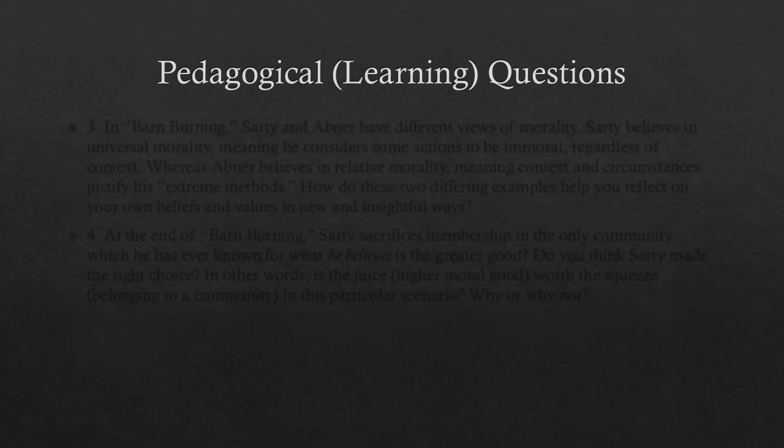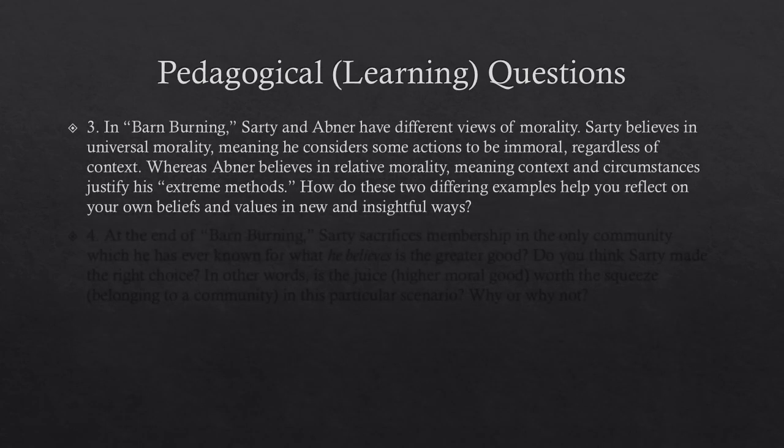So the third one has to do with the two views of morality. Again, universal morality, something is wrong no matter what. Barn burning is wrong regardless of the context. And then relative morality, we can see why Abner is doing what he's doing and Sarty was wrong to question him.